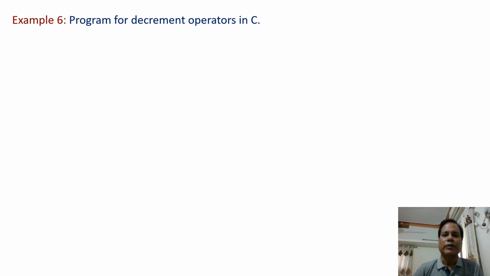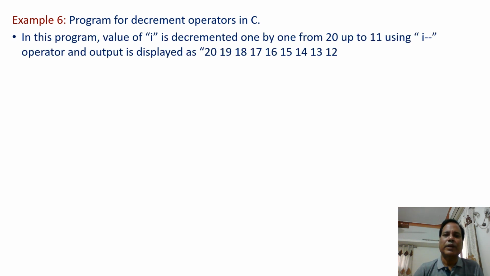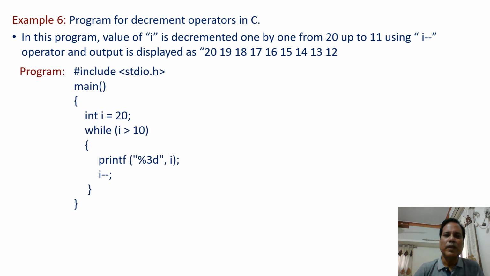Another program for the decrement operator in C, in which the value of I is decremented one by one from 20 to 11 using the I-- operator, and the output is displayed as 20, 19, 18 up to 12. So the program would be like this.